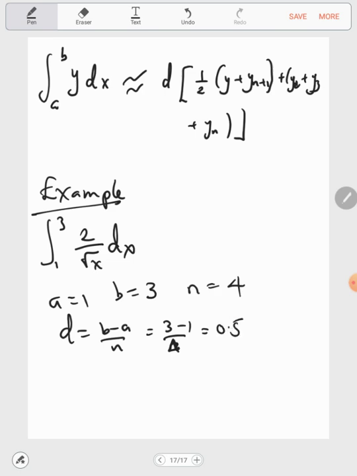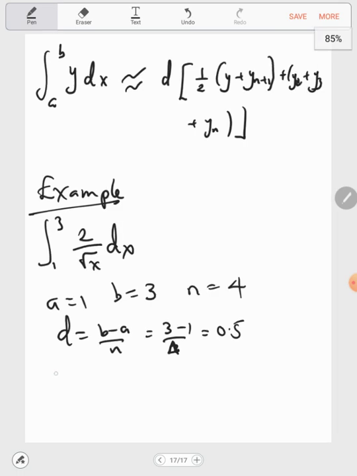So our x coordinates, beginning from 1, are 1.0, then adding 0.5, 1.5, then 2.0, then 2.5, and finally 3.0.